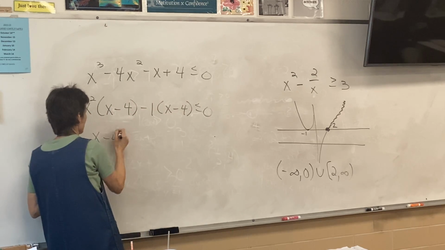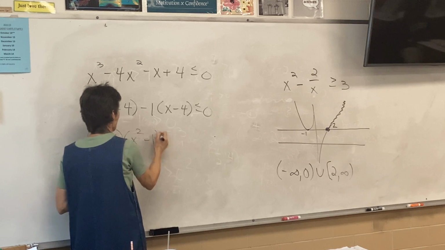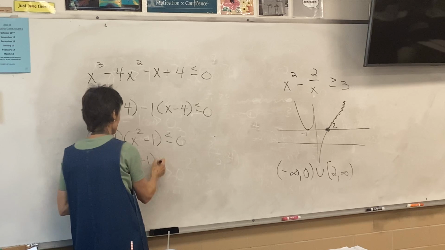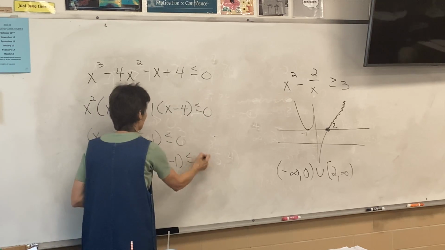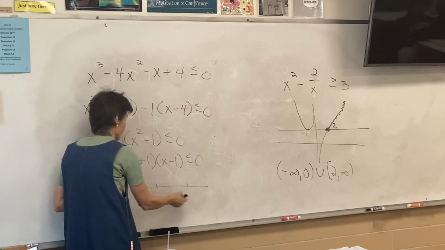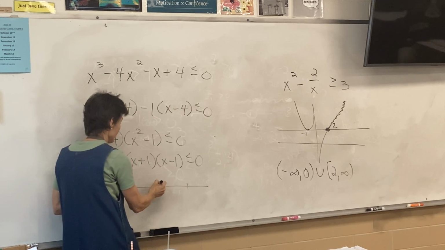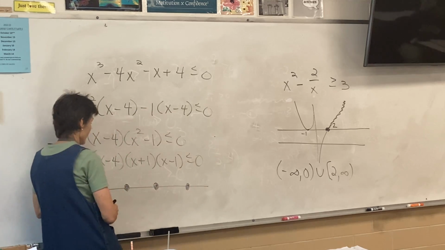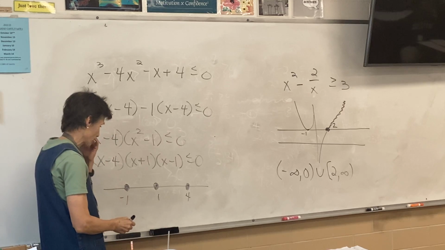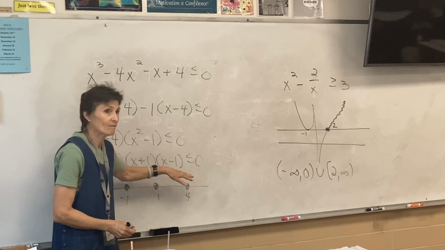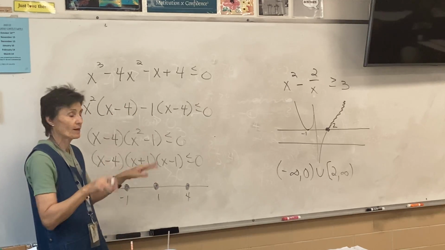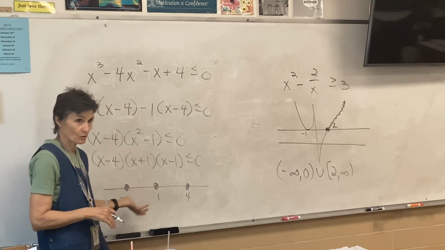So it looks like I'm going to have x minus 4, x plus 1, x minus 1, does that look about right? So I'm gonna go to my number line. They have 3 dots this time, and they're all solid. And they're gonna be at -1, 1, and 4. Austin, you with me still? Now, because there's nothing funky about any of these, no squareds, no square roots, no absolute value, nothing weird, these are gonna alternate.